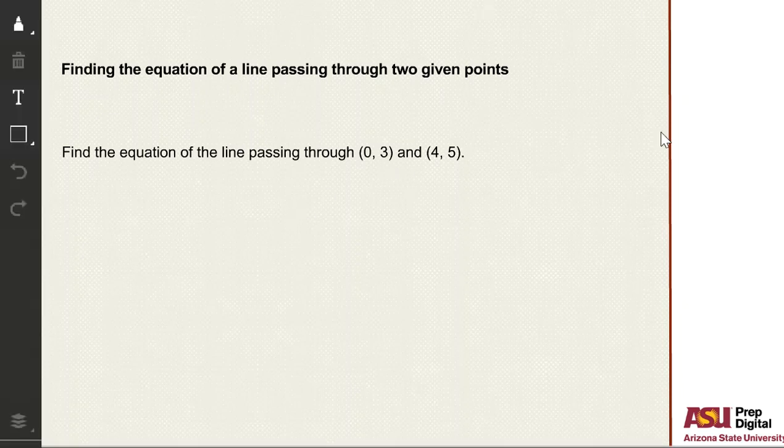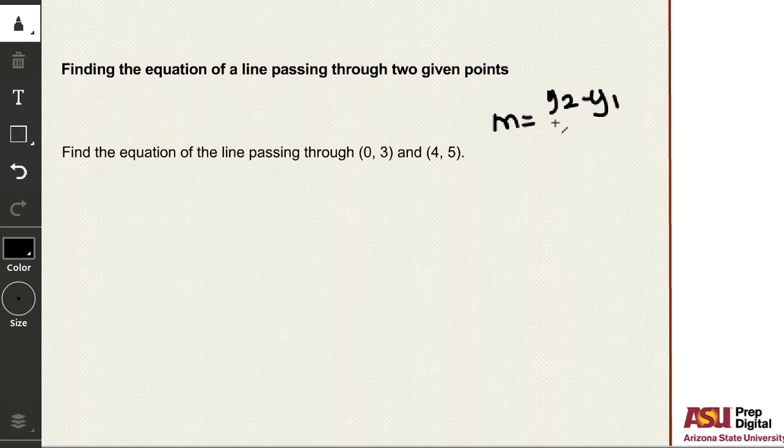The first thing I'm going to do is recall my slope equation, remembering that the slope is equal to y2 minus y1 over x2 minus x1. Remember that this is the change in y over the change in x.